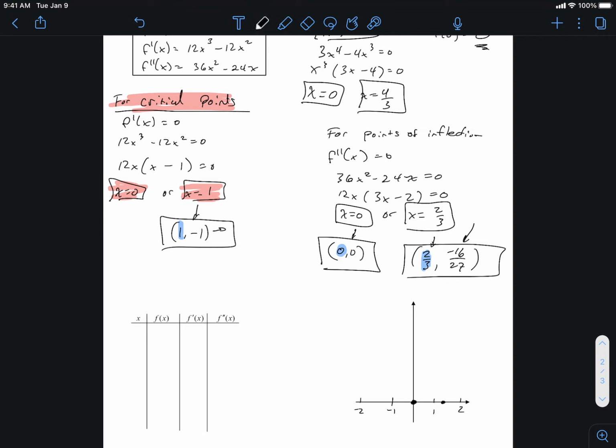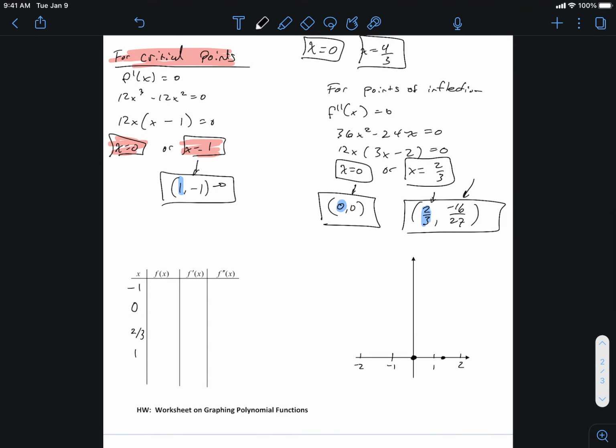One of them is 0, so we want to check what's going on the left side of 0. Let's plug in, say, -1. Then one of our other important values was 2/3, and the other important value was 1. Then we want to see what's going on the right side of 1, so let's just plug in 2.